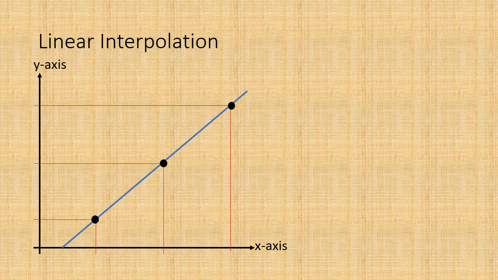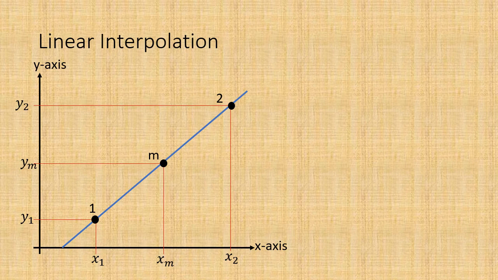We have 3 points here. Point 1 with x value x1, y value y1. Point 2 with x value x2, y value y2. And point M, which is a point in the middle of point 1 and 2, with x value xm and y value ym.